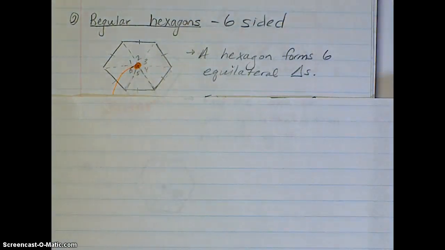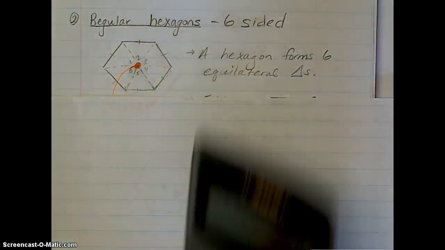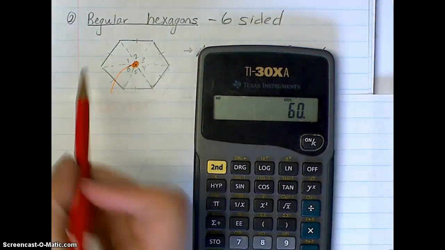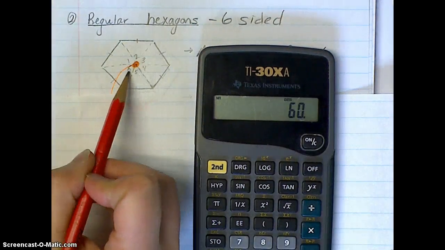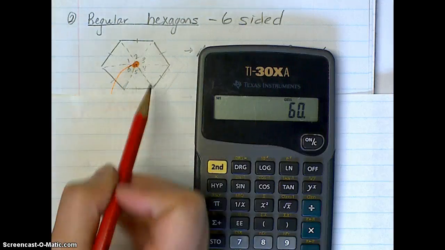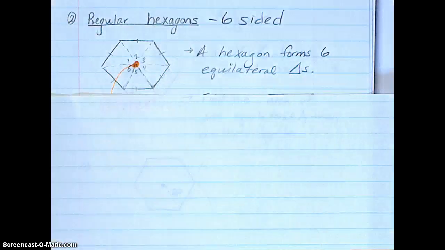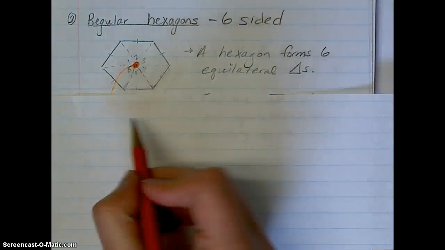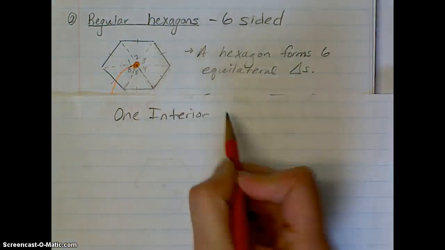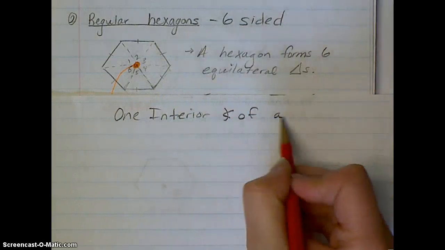Okay, so if we test this, 360 divided by 6, all of these central angles are 60 degrees. Now, if we wanted to, we could use what we learned in the past to solve for one interior angle of a hexagon.